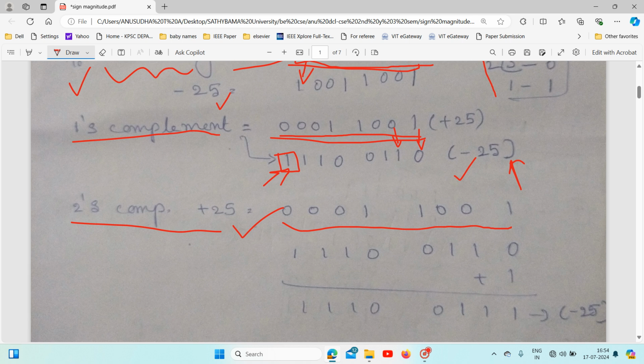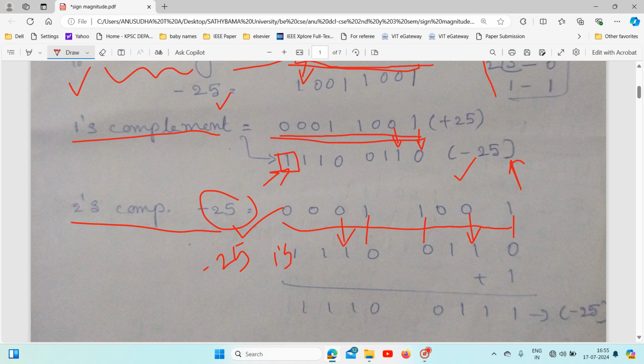Now I want to convert this plus 25 to minus 25 using the 2's complement method. First, you have to perform ones complement, which means whenever you have 1 it becomes 0, and whenever you have 0 it becomes 1.